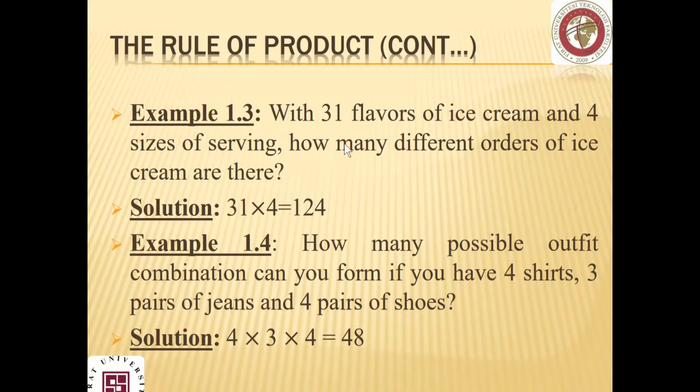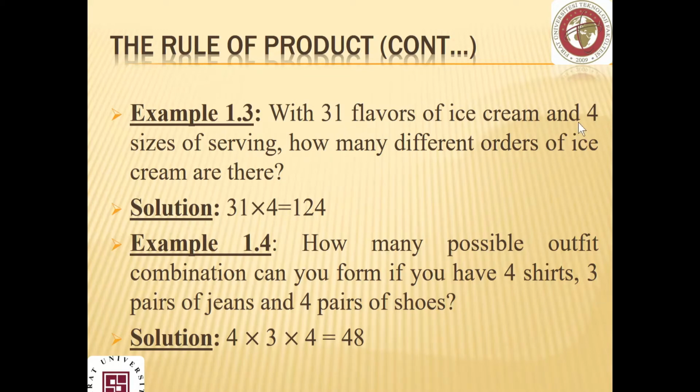All right. So how many different orders of ice cream are there? Of course, we have 31 flavors, so we can make 31 orders for the flavor only. But if we break the procedure of ordering into 31 for the flavor and then 4 for the sizes, for each of the 31 we have 4.